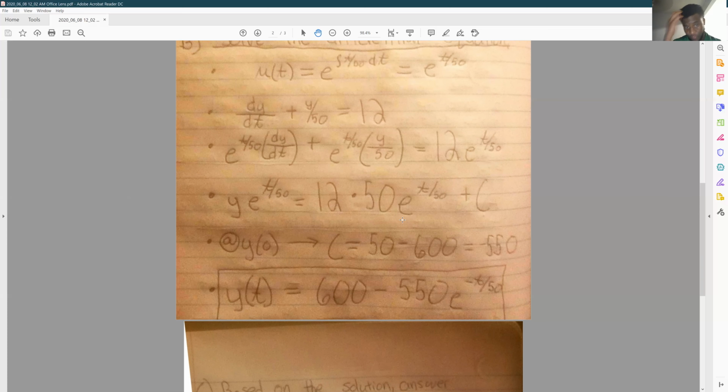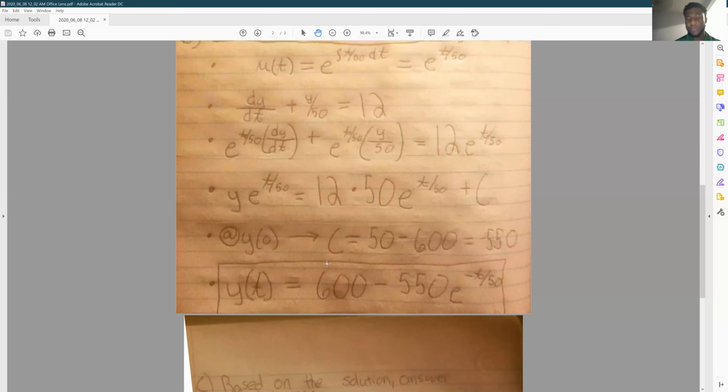All right, so moving on to calculate the C that came from the integral, we know that it comes from putting our Y at 0. So when you put Y at 0, it simplifies to 50 equals 600 plus C, which gives us a C value of negative 550.